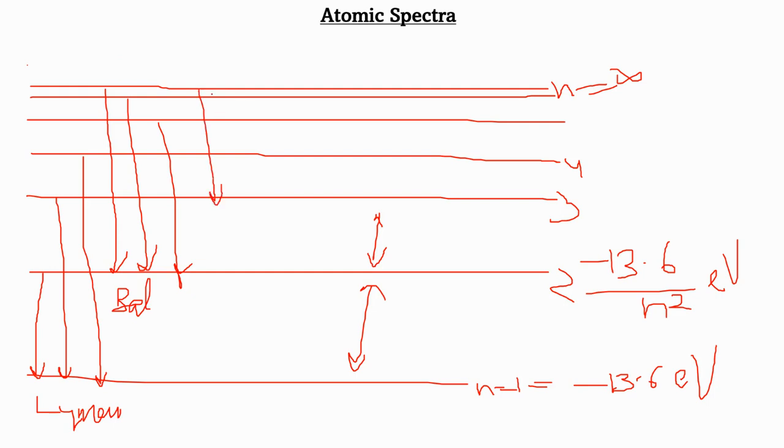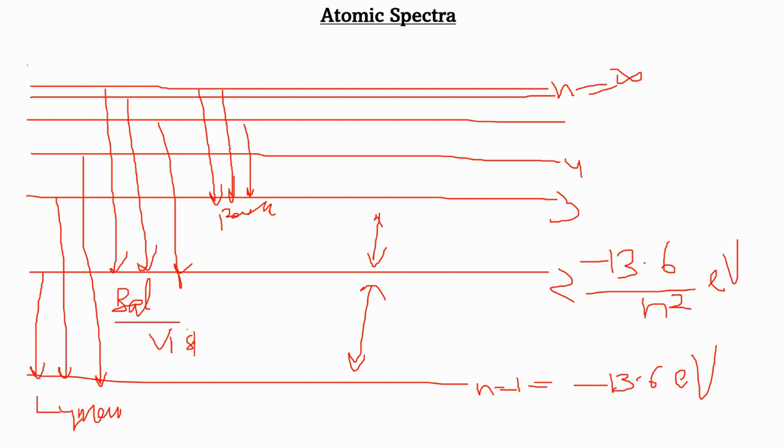Then for n equal to 3, this is the Paschen series, like that. The Balmer series is the only one in the visible region.